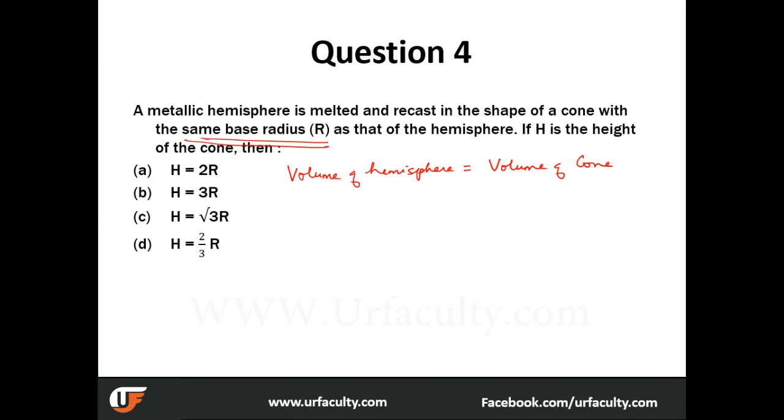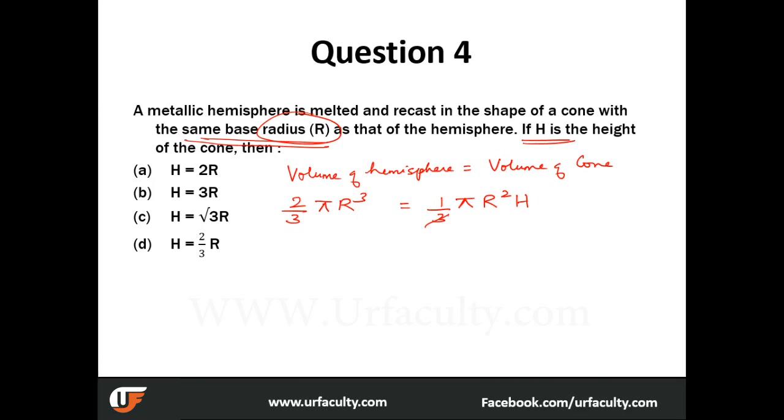So we finally need to equate this, and we will get one of the expressions which is correct here. So if h is the height of the cone, then that's what they have asked. Now, what is the volume of hemisphere? Volume of sphere is 4 by 3. Volume of hemisphere is 2 by 3 pi r cube. I'm using the same variable as used in the question. And volume of cone, 1 by 3 pi r square h. h is what we need to find out.